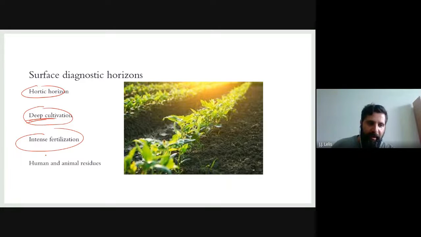So a high incorporation of human and animal residues like limestone, organic residues, organic matter, the residues from other cultivations, are mixed in the soil. And when we have the influence of humans for a prolonged time, for a long time, you could identify this horizon, like a garden horizon.